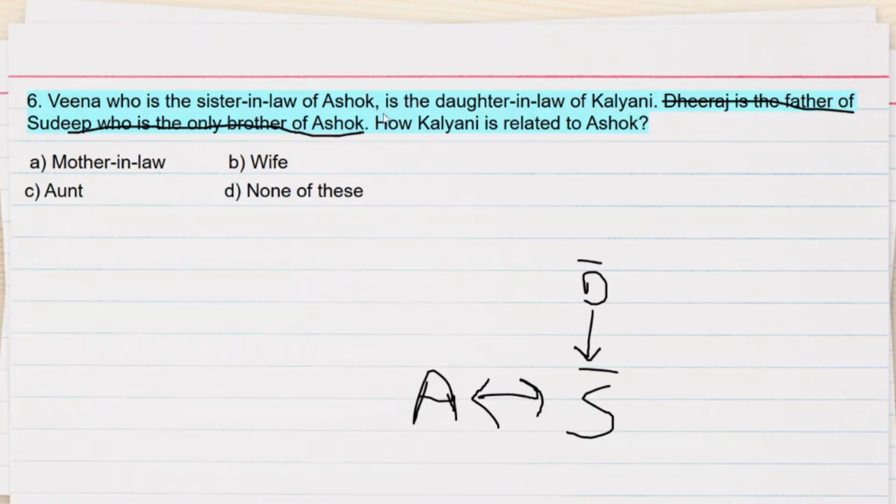Next is Kalyani. Veena, who is the sister-in-law of Ashok, is the daughter-in-law of Kalyani. Sister-in-law of Ashok means, because Sudeep is the only brother of Ashok, his wife would be Veena, and that would be the sister-in-law of Ashok.